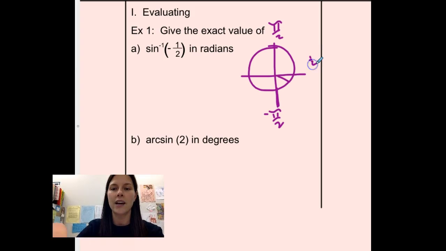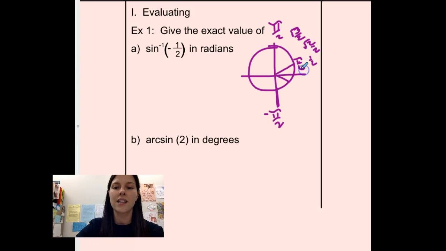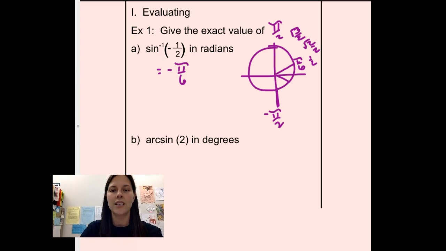Sine goes 1/2, √2/2, √3/2. So here at π/6 is where sine would be +1/2. So at -π/6, sine would be -1/2. So the sine inverse of -1/2 is -π/6.